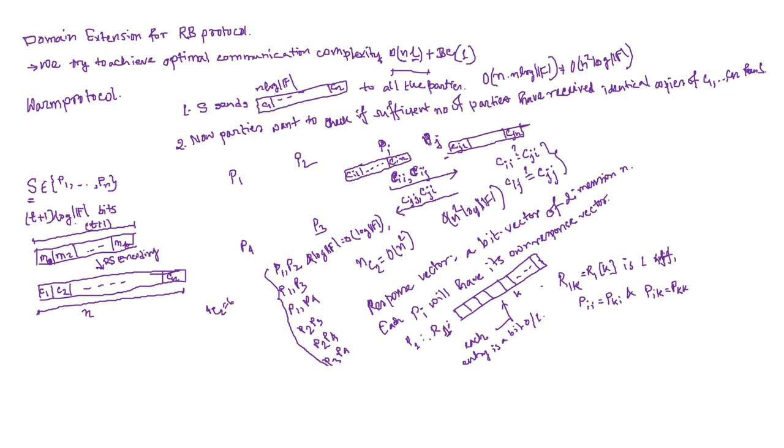Since there is pairwise communication happening, P1 will communicate with all the n parties in the system including itself and find out about the consistency like this, and if positional consistency is there, then the corresponding element of the response vector will be set to 1. Thus every party at the end of step 2 will have an n dimensional bit vector, namely the response vector.